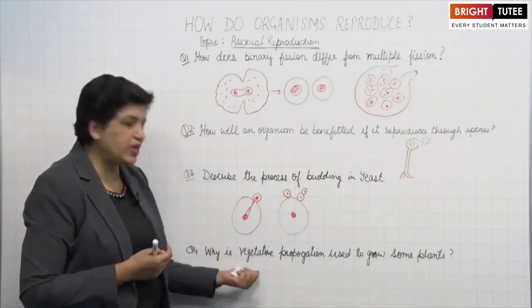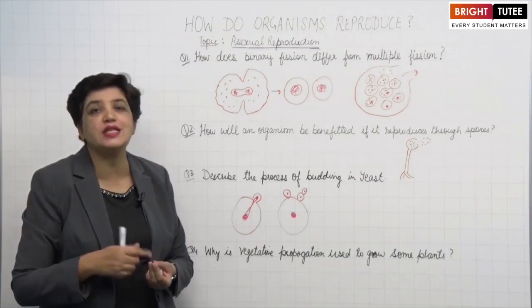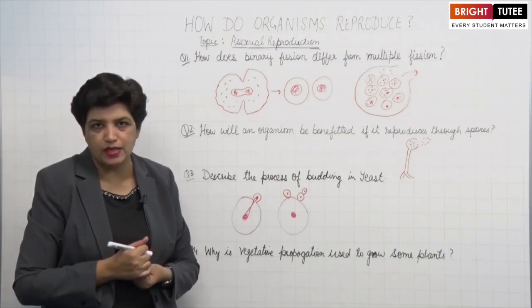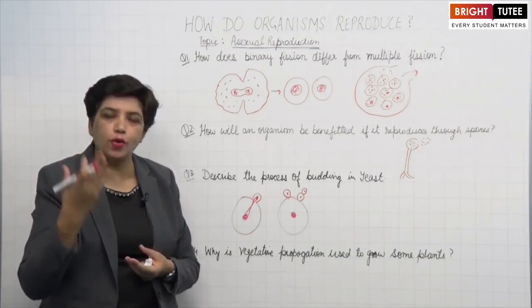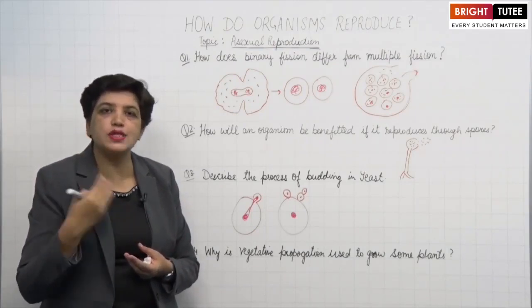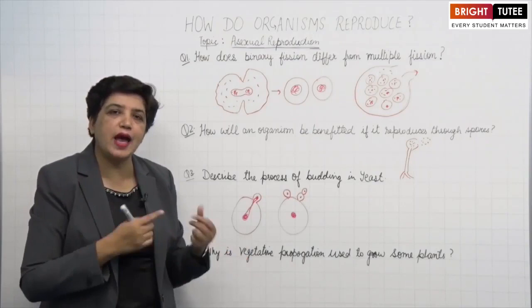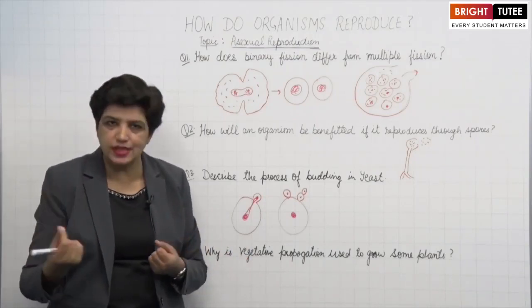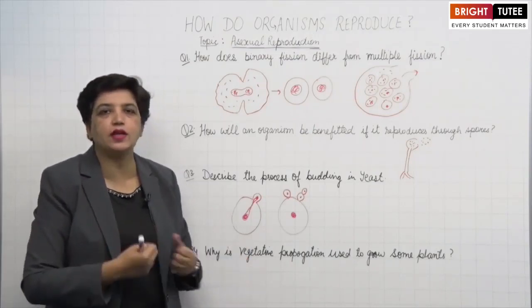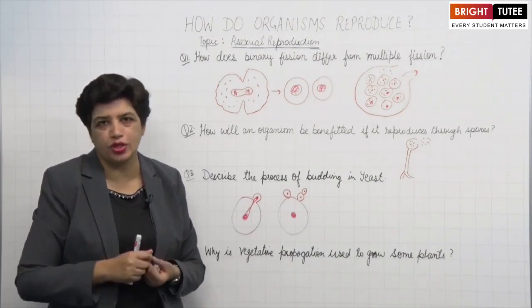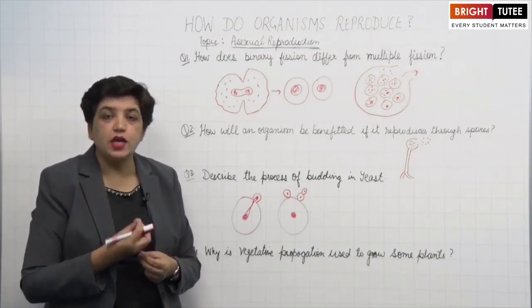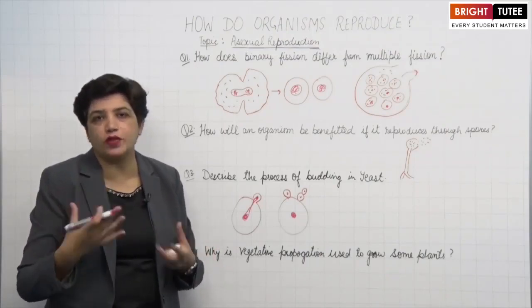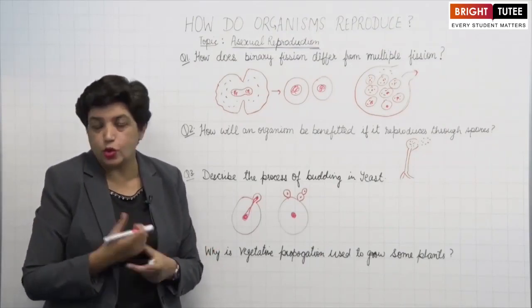Second reason why they use vegetative propagation is, it is a faster mode of growing plants. Plants which are grown by vegetative propagation grow up fast and they bear fruits and flowers faster as compared to a plant grown through seed. So the farmers get the crops ready in a shorter duration of time. Thirdly, when you grow a seed, you are not sure which quality of the plant it will grow up into.